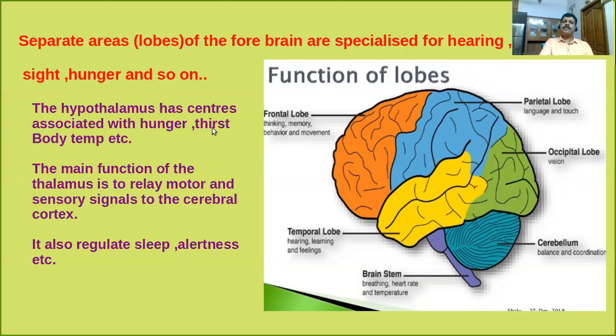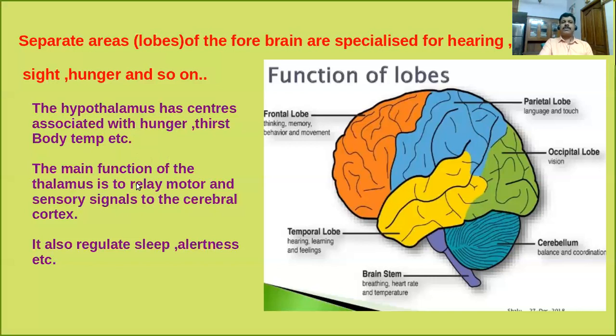Along with the cerebrum, two more important parts are there: hypothalamus and thalamus. Dear students, the hypothalamus has centers associated with hunger, thirst, body temperature, etc. Do you know the main function of thalamus?